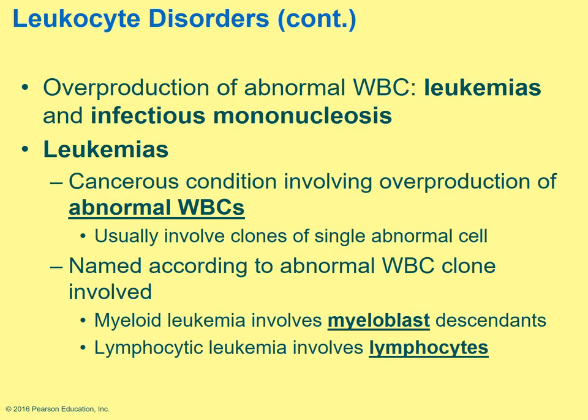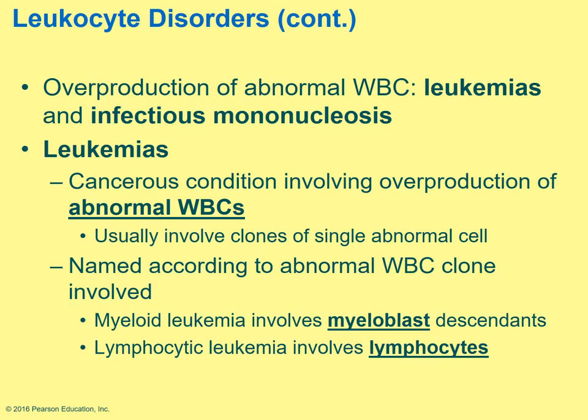Overproduction of abnormal white blood cells ends up with leukemias. It's usually cancer that's producing too many of your white blood cells that are abnormal. It can depend on which specific type of leukemia, which type of cells.